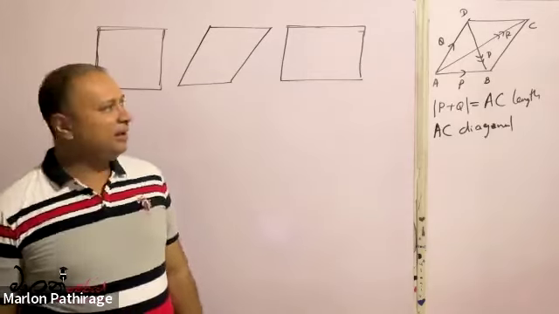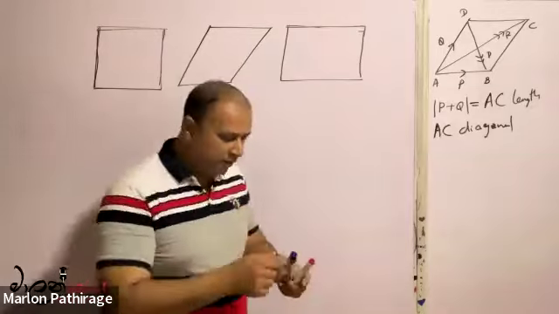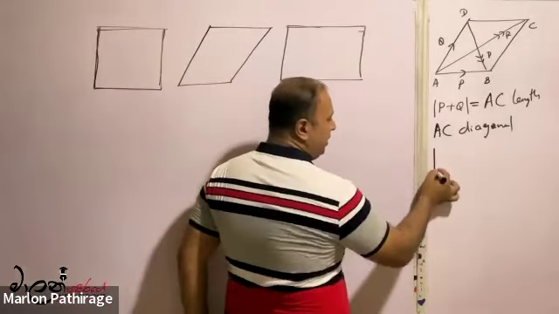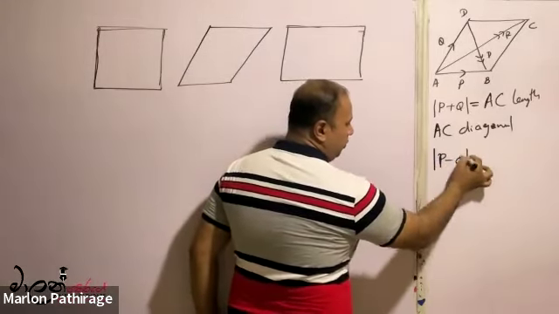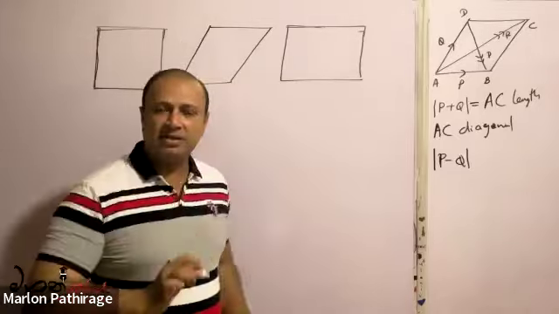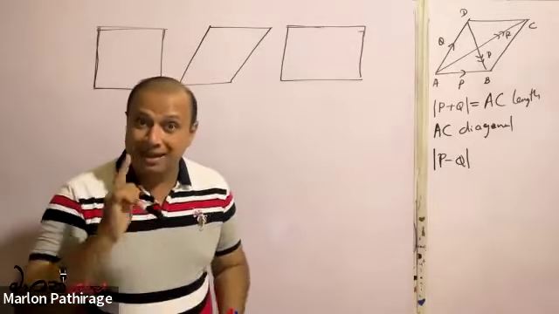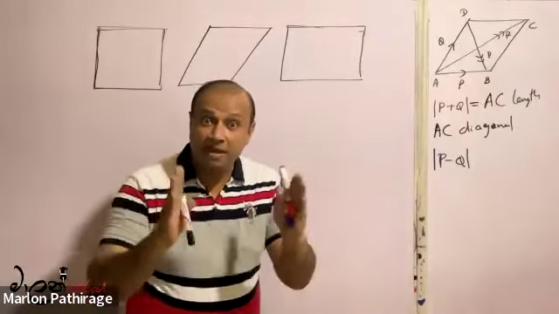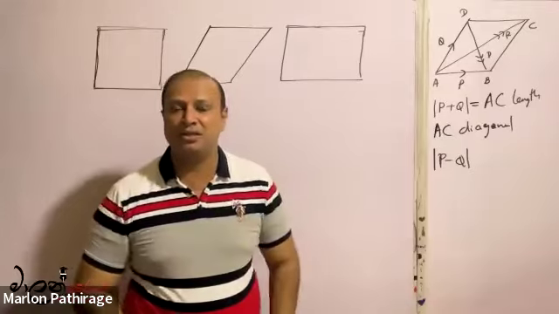Then look at the other side. If you are given this kind of symbol, P minus Q modulus, that means it is the magnitude of the P minus Q vector.